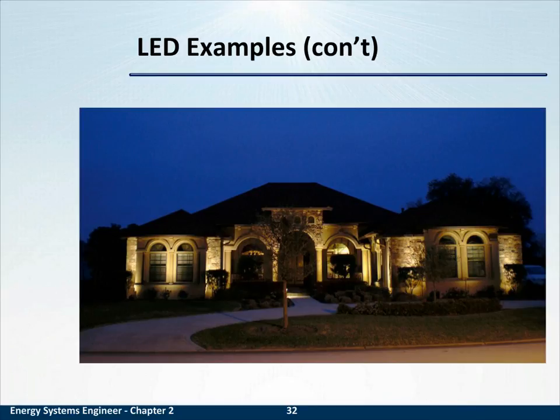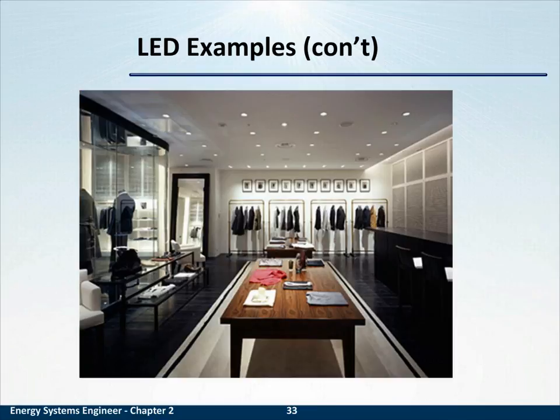Although most people taking this course are not residentially inclined, here's a great example of using LED technology for a very quick payback. This landscape lighting uses 36 watts with the LED system versus 600 watts of 12 volt power on the previous system. 36 versus 600.